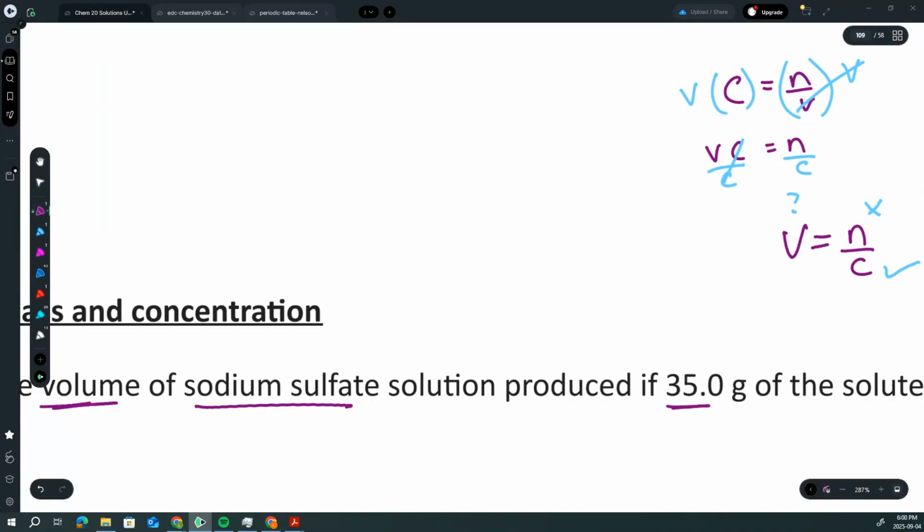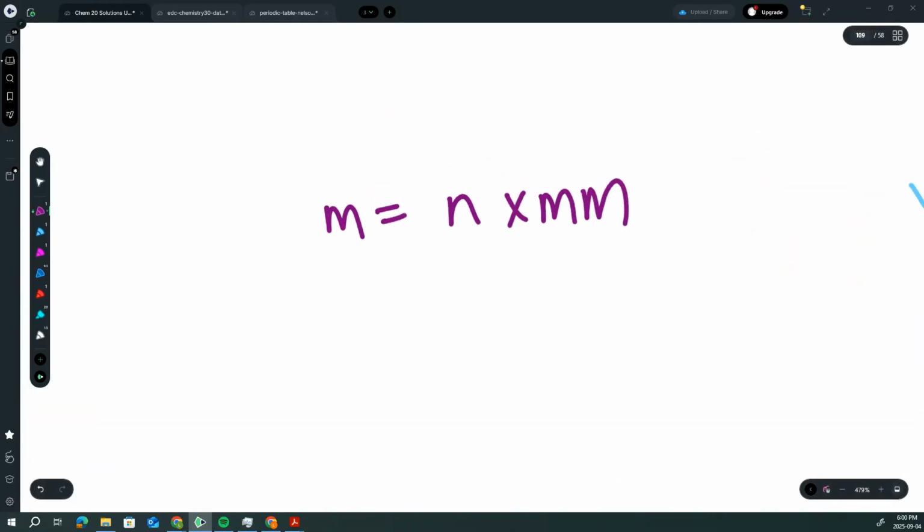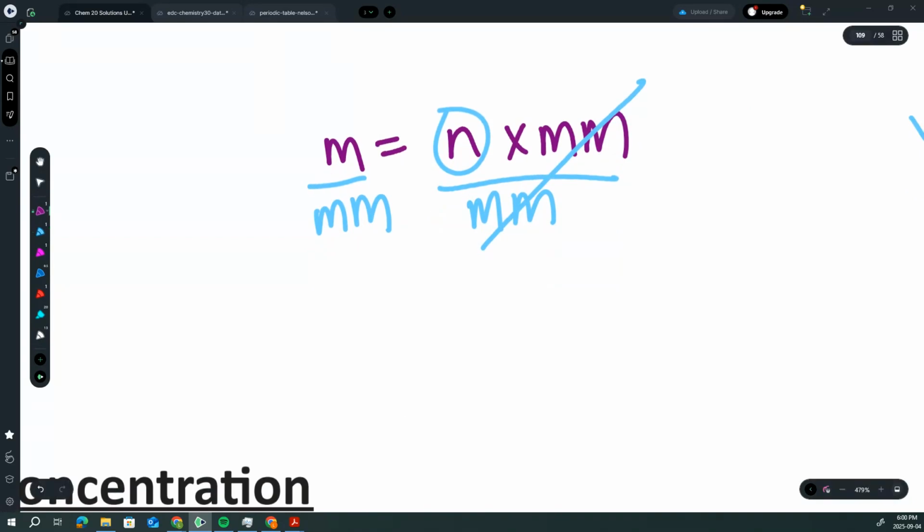And how we're going to do that is using our mass is equal to moles times molar mass formula, except we're going to rearrange it to isolate for moles. So molar mass is multiplying moles, so the opposite is going to be division. So those cancel out.